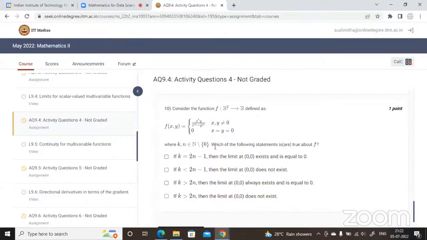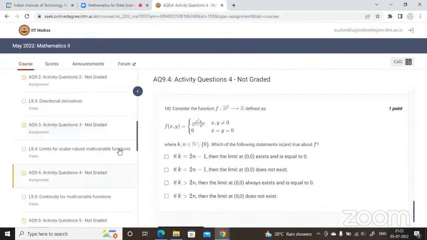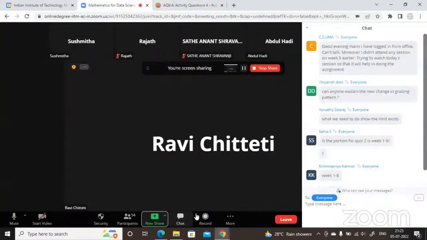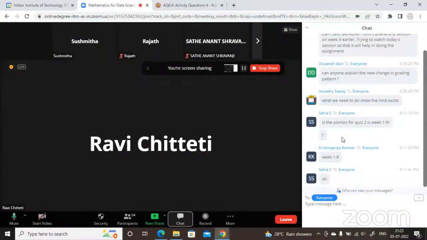Any other doubts? Madam, I have one more doubt. Quiz 2 portion is 1 to 8, not 9. But 9 is counted for eligibility for end term, right? Weeks 1 to 9 are for eligibility for end term.